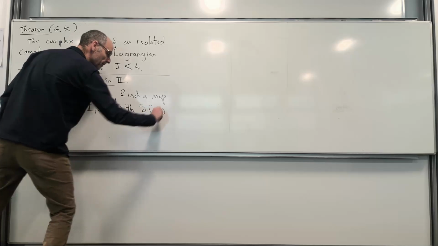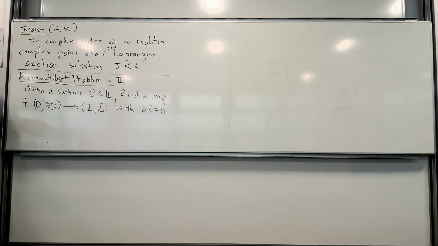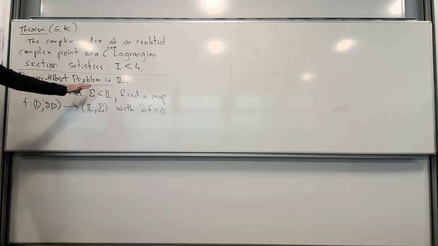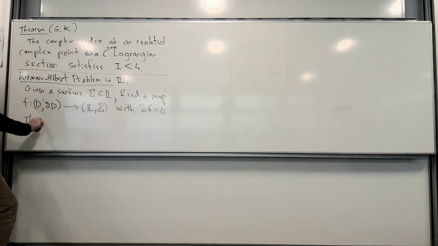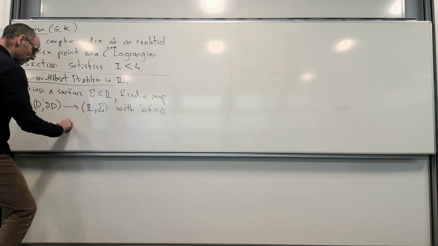So del bar F equals 0. Scratch this complex structure. Okay, so away from complex points, this is an elliptic boundary value problem.